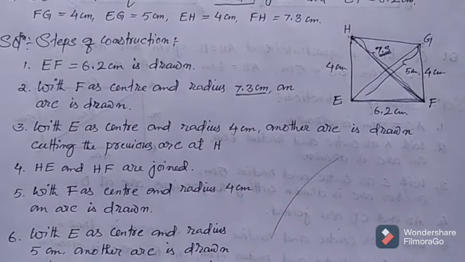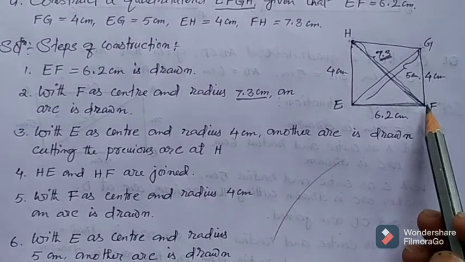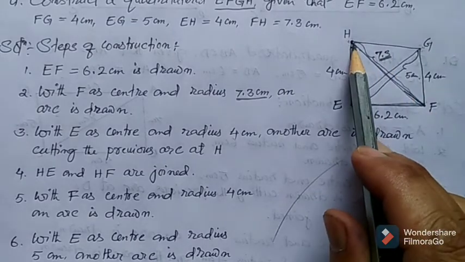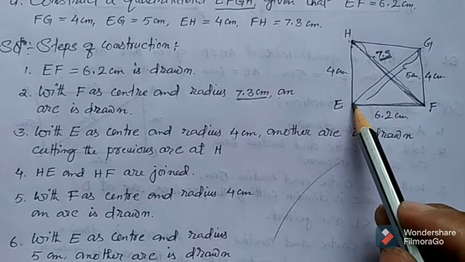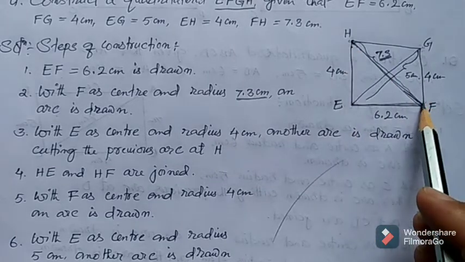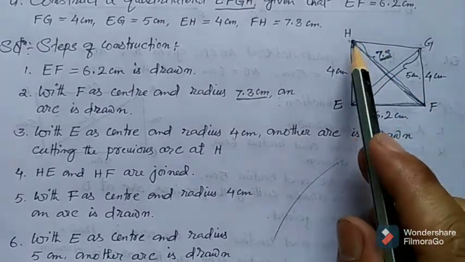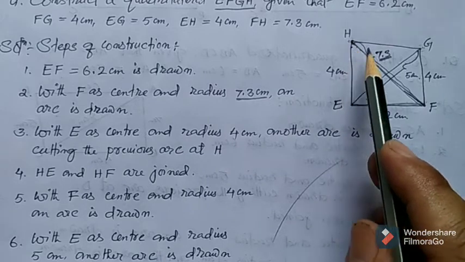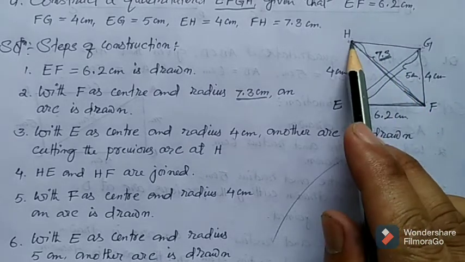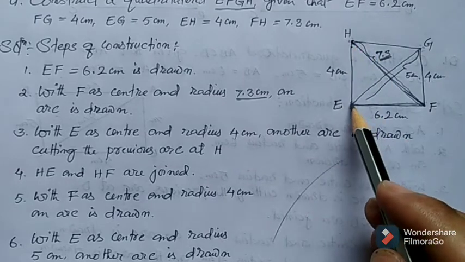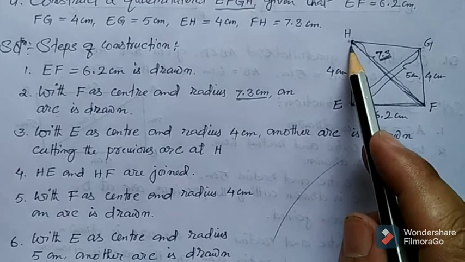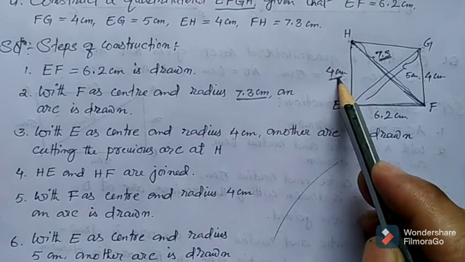Since we have drawn an arc for diagonal FH, the next side we are going to draw will be EH, because FH and EH meet at one point. Since we have drawn FH in the second step, now in the next step we have to draw EH. So to draw this, we take E as center and the radius of the arc should be 4 cm.